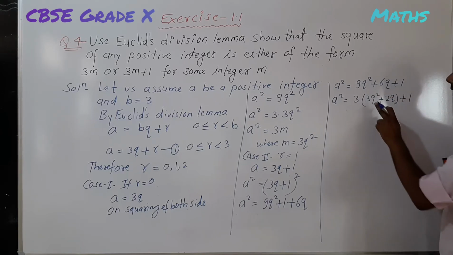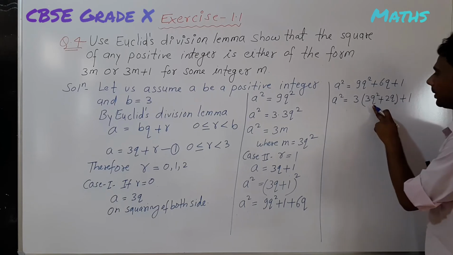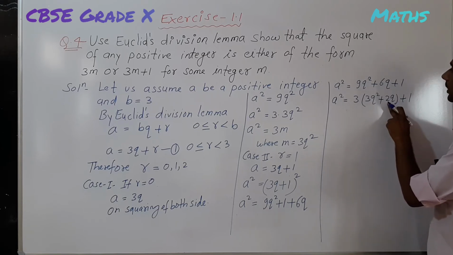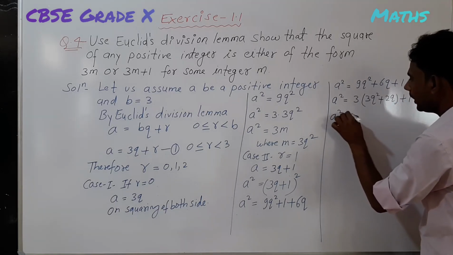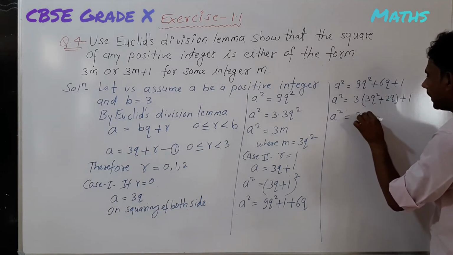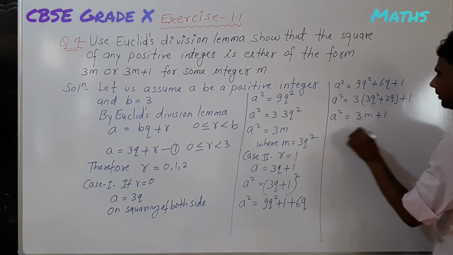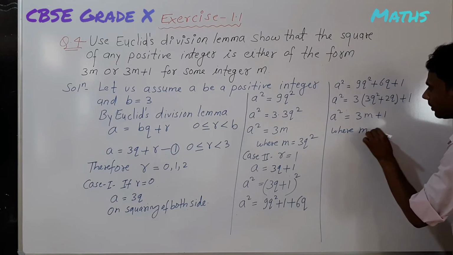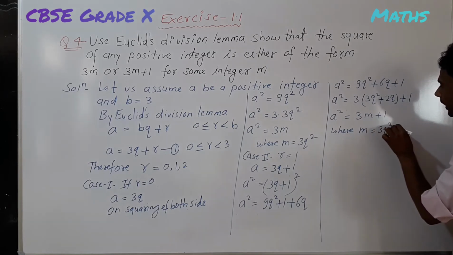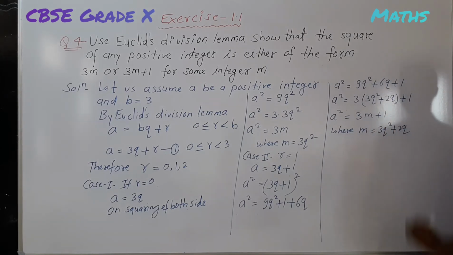Now q is an integer, so we can replace 3q square plus 2q by integer m. Therefore, a square equal to 3m plus 1, where m equal to 3q square plus 2q.